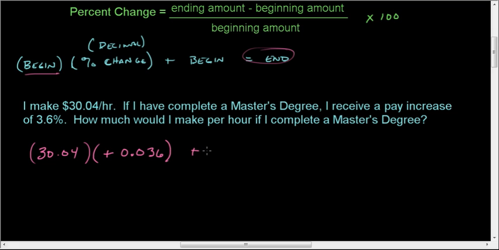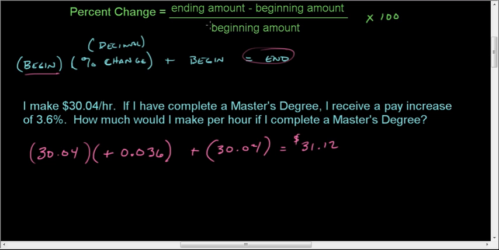And then I'm going to add that to my beginning, and that'll give me my end. So if I plug all this in my calculator, I get 30.04 times 0.036 plus 30.04, then I will make $31.12 after rounding to the nearest penny. And that's exactly how you can work this.